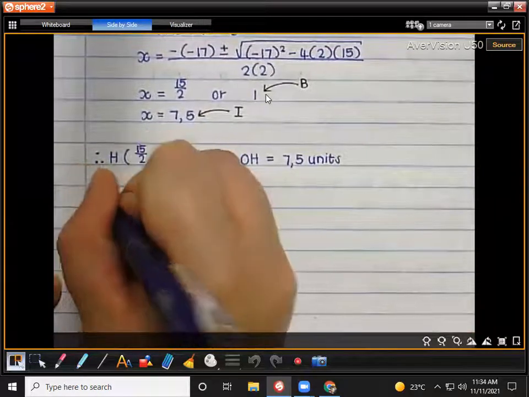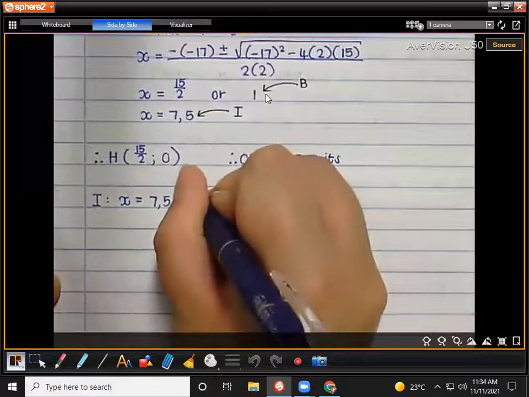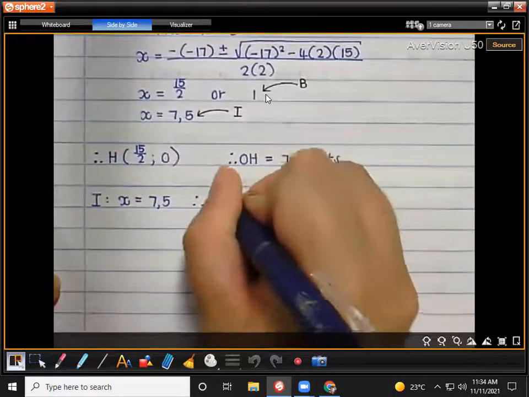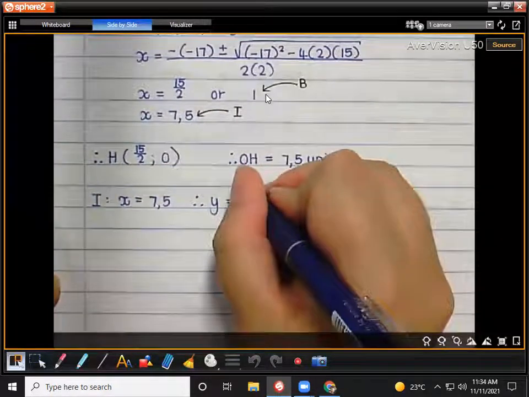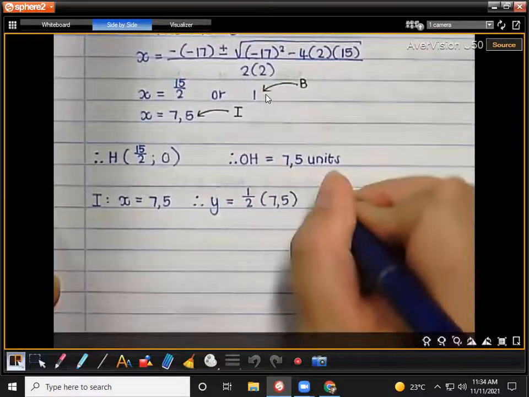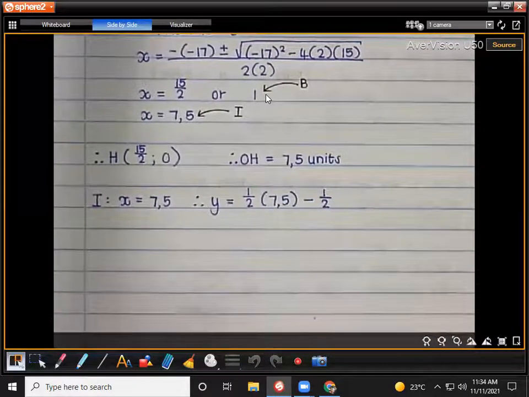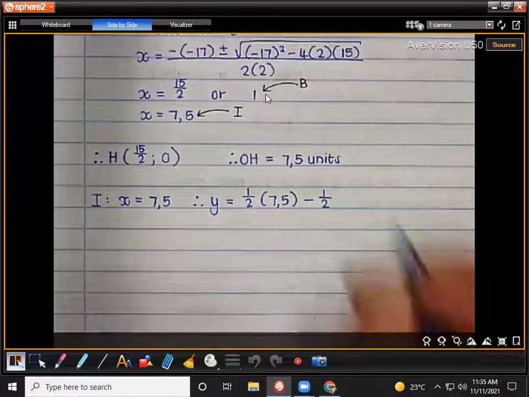So to find point I, we know that x is 7,5, therefore y. And now I'm subbing it into the straight line equation, but like I said, if you wanted to, you could sub it into the parabola equation. So that is going to give you 13/4.